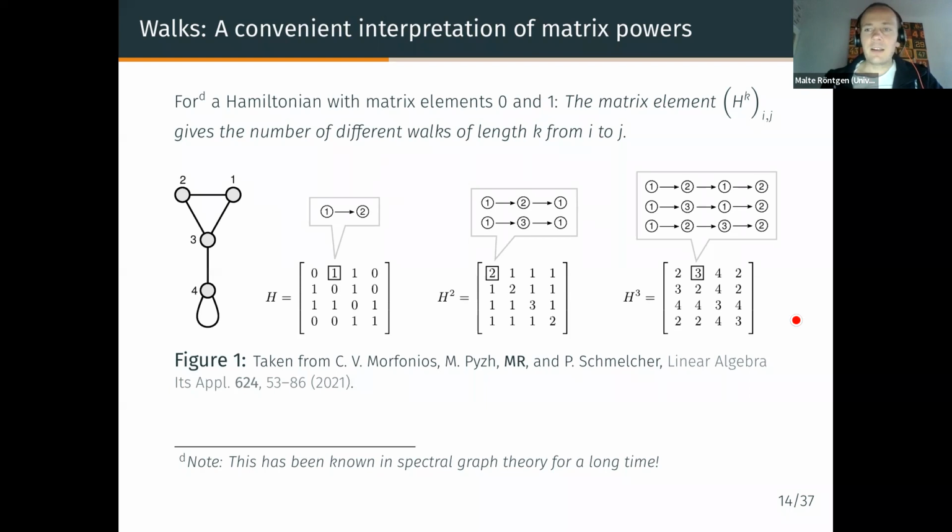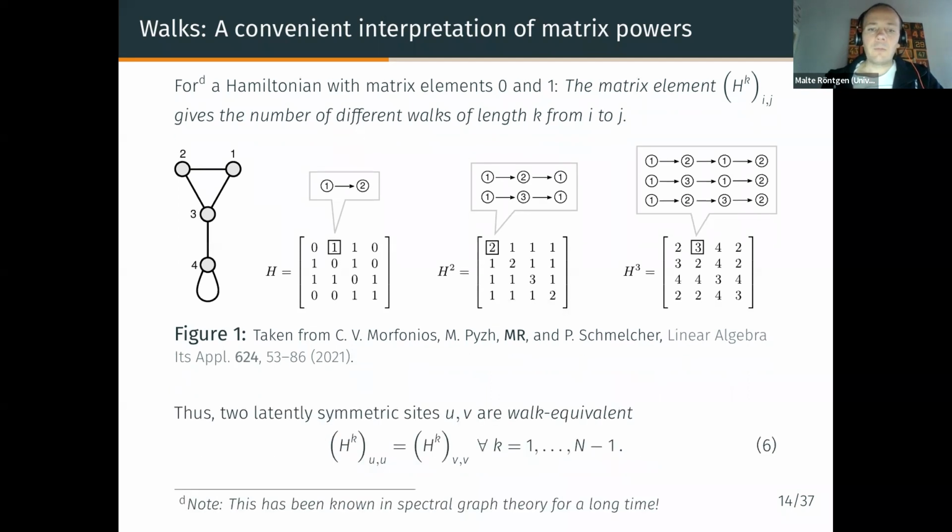And now let's connect this concept to the concept of latent symmetry or to co-spectrality. We know that for latent symmetry of 2 sites, this equation has to hold. So diagonal elements of matrix powers have to be the same, which in particular means if we have such a simple matrix of zeros and ones only, as shown here, if 2 sites u and v are latently symmetric, there are the same number of walks going from u to u as from v to v.